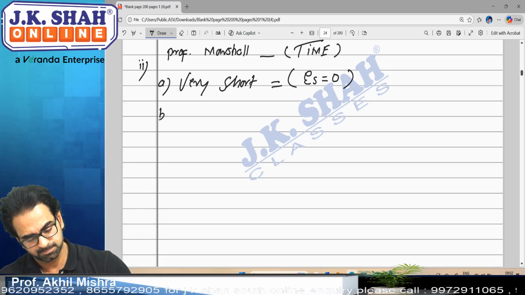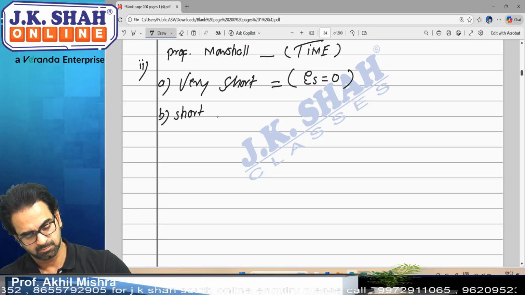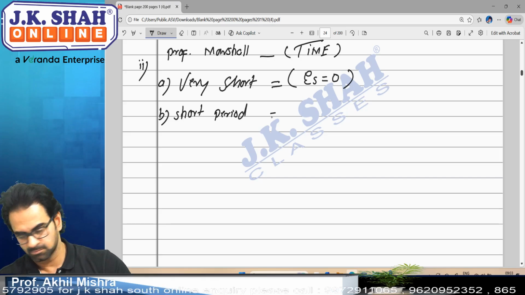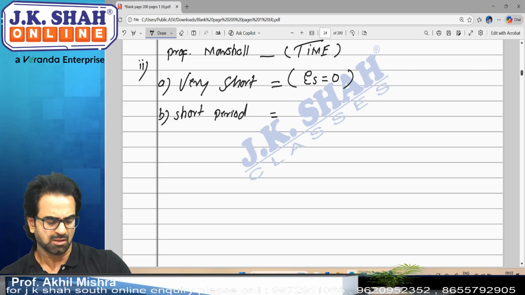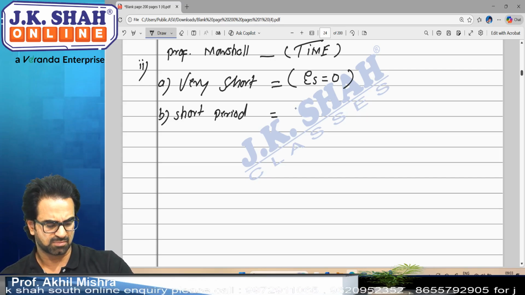Next is short period. Supply can be increased, but not a lot. So you can say ES is less than 1.